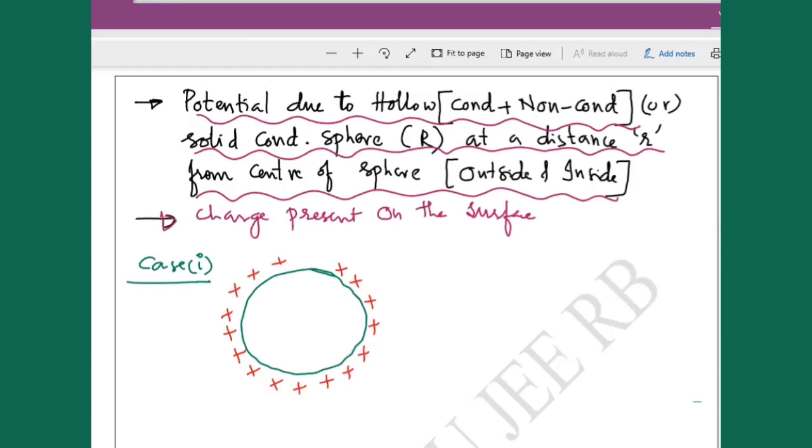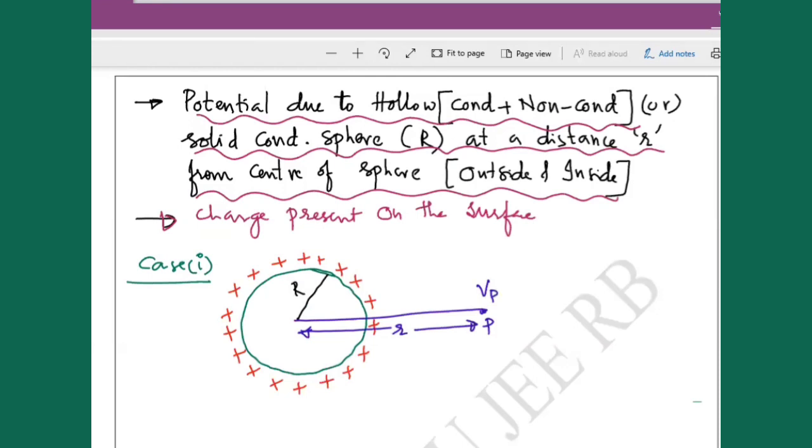Yes, sir. So this is nothing but radius R. We want to calculate at a distance, at point P. Let me take this distance as small r. We want to calculate the potential at this particular point.